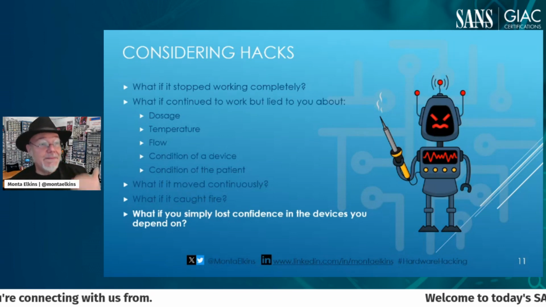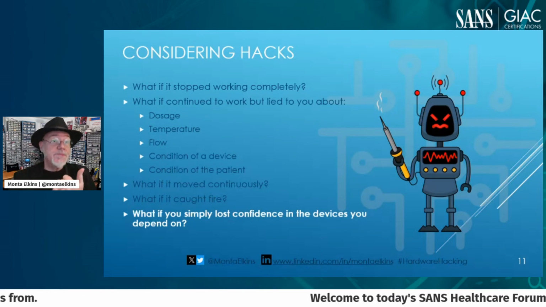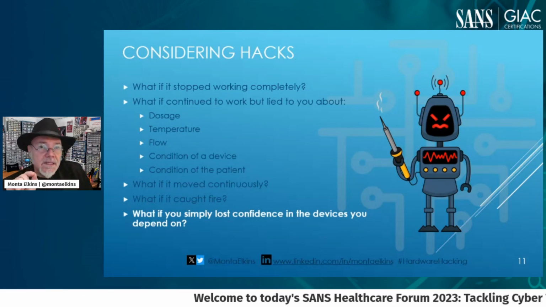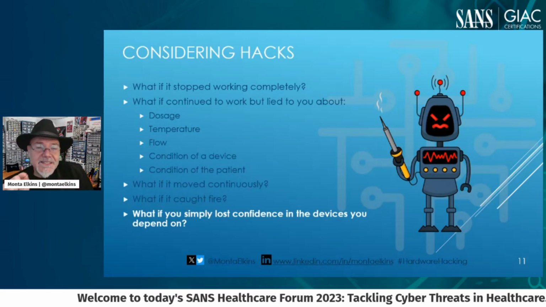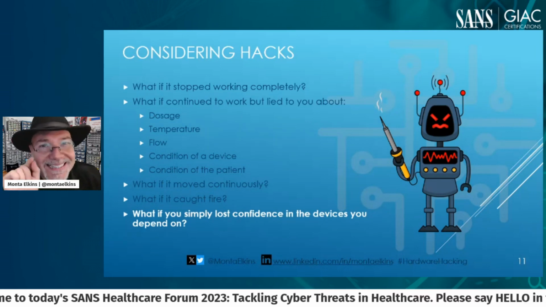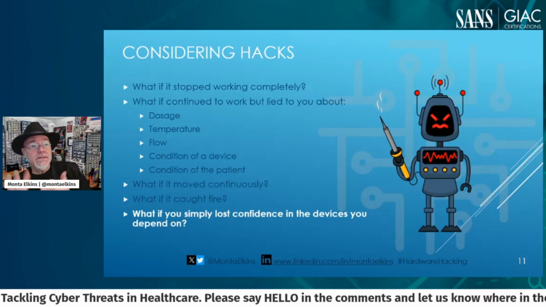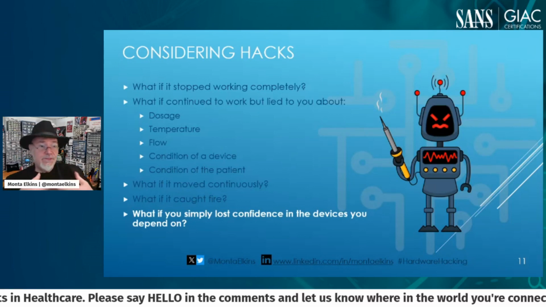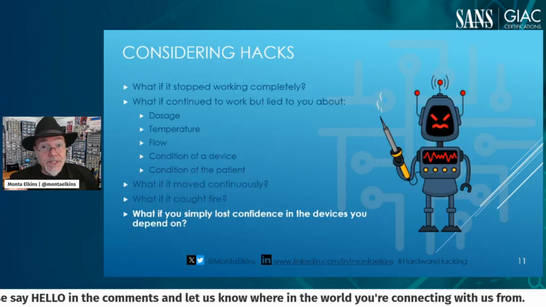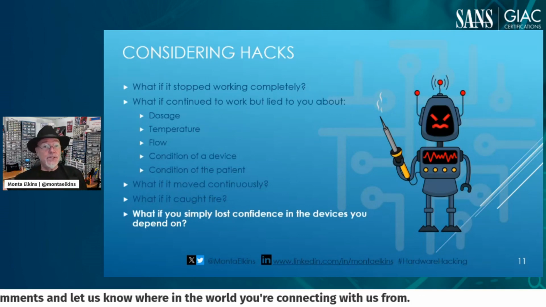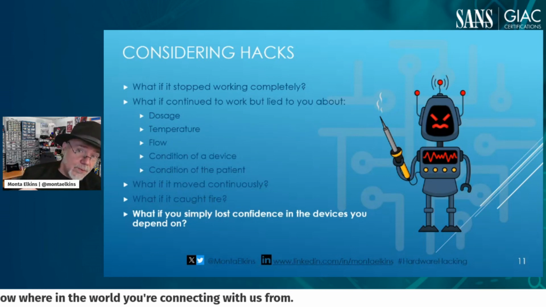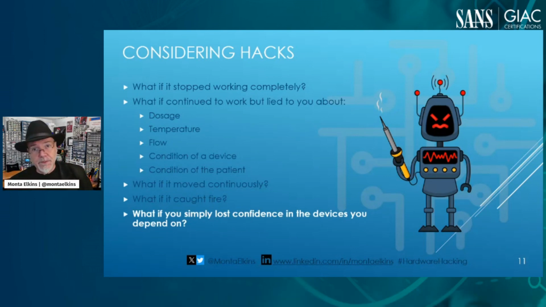But the attack might keep the equipment from working. It stops it completely. But perhaps even more insidious, what if it continued to work, but it lied to you? Right? It gave you the wrong information about dosages and temperatures and flows and the condition of the device or the condition of the patient, right? If it lied to you, it might not form some sort of danger to a patient directly, but it might cause other people, professionals, to cause some sort of a bad outcome.